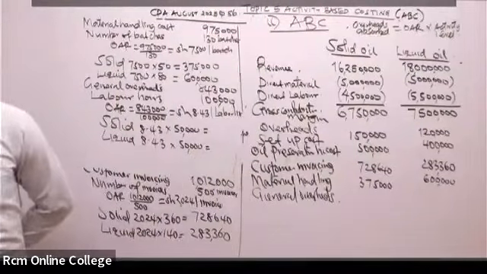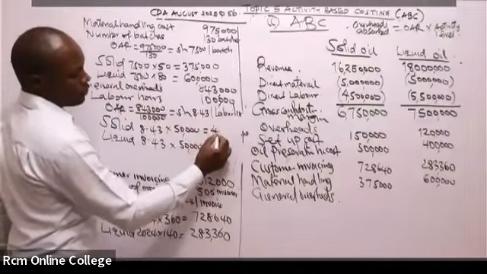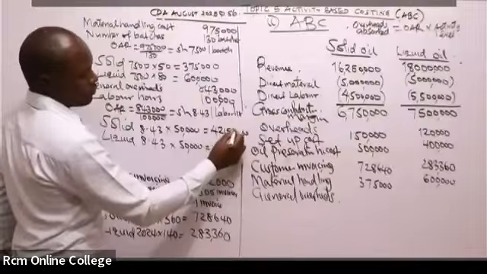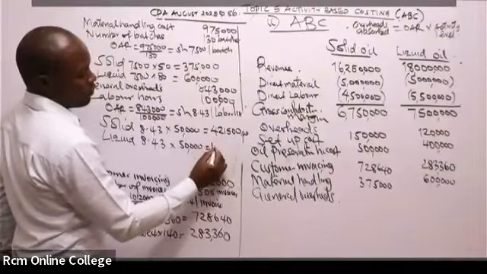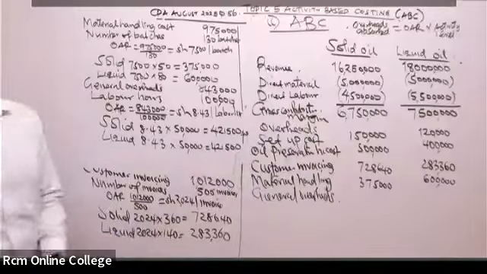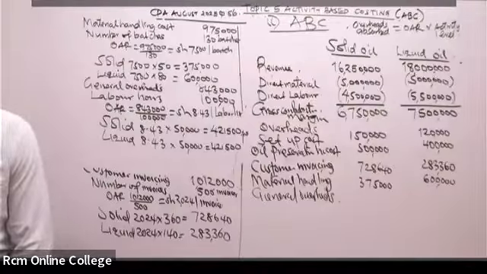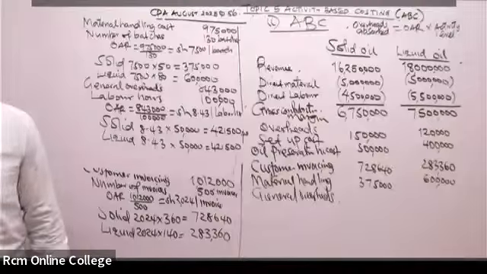What do we have for the solid? 421,500. Are we all getting that? Thank you.